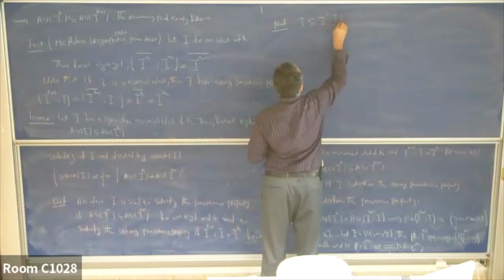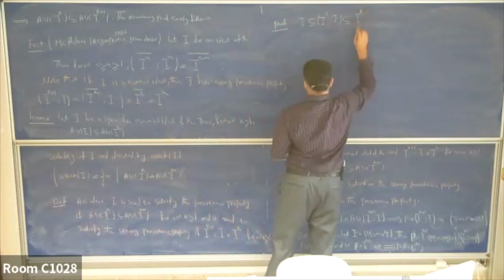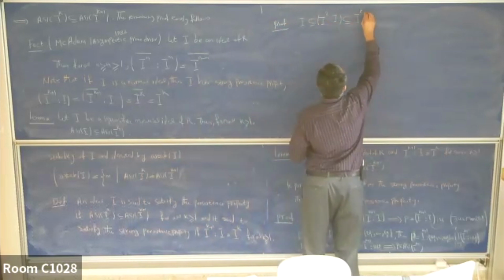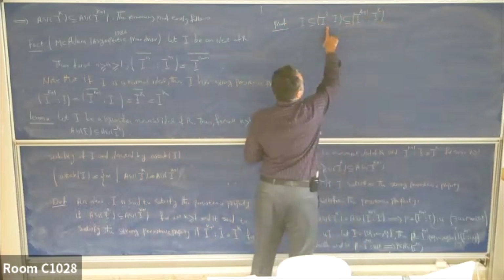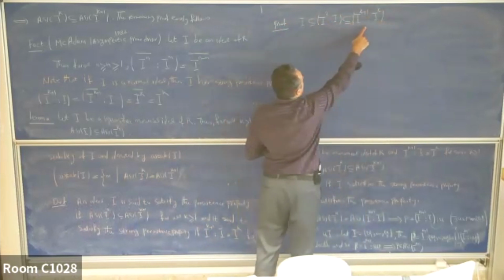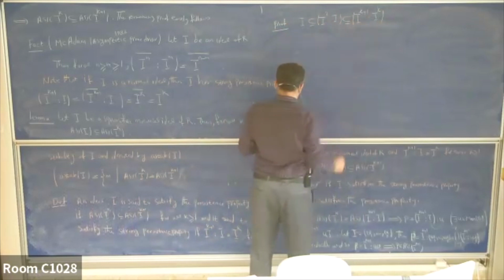I is contain of A^(k+1) colon A^k. This is easy because by elementary, one element in here, so on the another one element here, conclude that element is here.